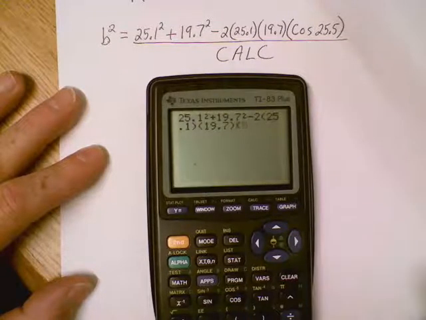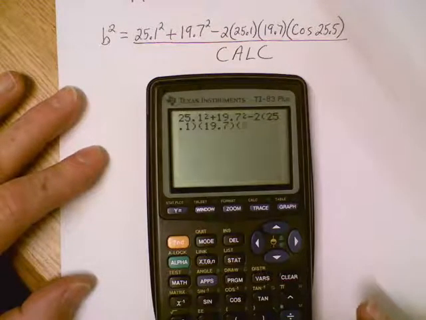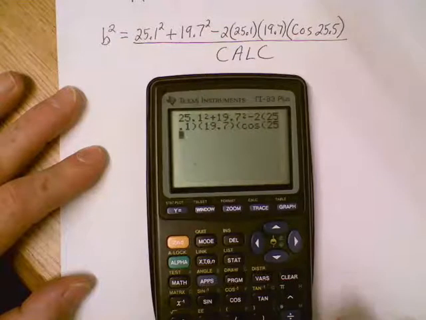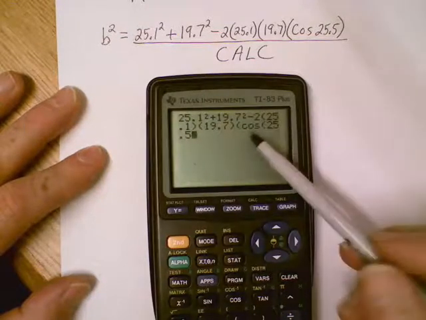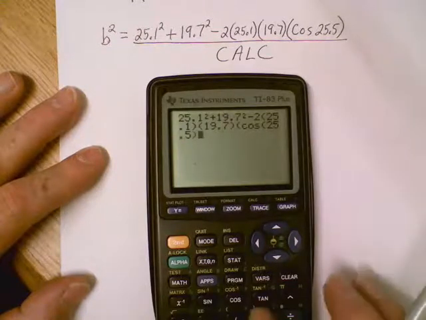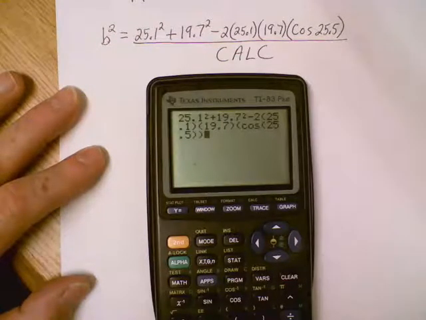You could put in times signs instead of all the parentheses, that's up to you. Times cosine 25.5, and remember, because my calculator opened up its own parenthesis here, I have to close both parentheses, otherwise it'll say error.